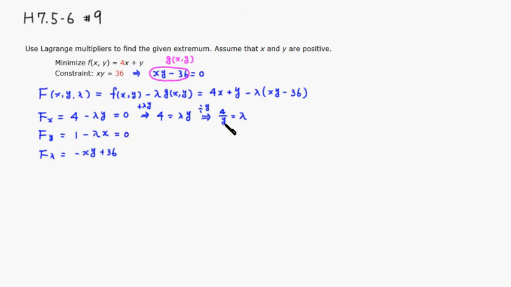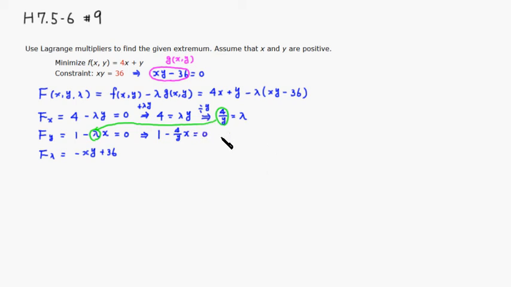Then we can plug this lambda into the second equation. So we get 1 minus lambda, which is 4 over y, times x, equals 0.